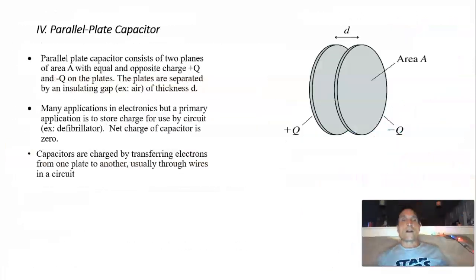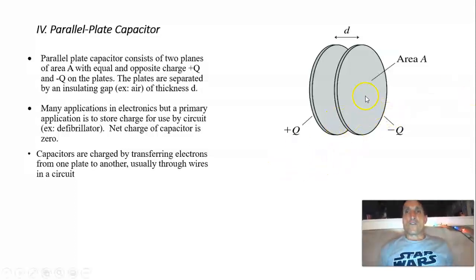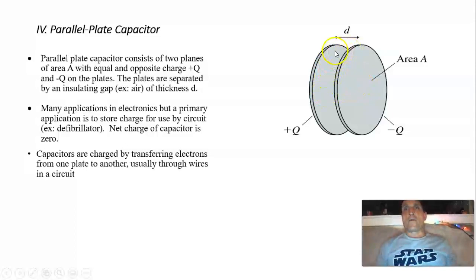So let's go into parallel plate capacitors. You might have heard, if you watch Back to the Future, the flux capacitor, or you might have seen capacitors with circuits. So what is a capacitor? Well, it's just 2 parallel plates, and each plate has an area A, and they're separated by some small gap D, and there's an equal and opposite amount of charge on each plate.